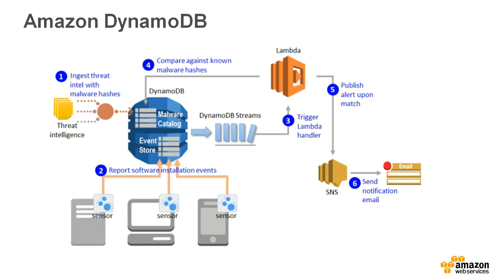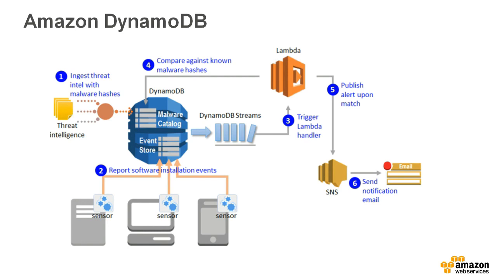The first thing that happens in your system is that threat intel with malware hashes are recognized with threat intelligence scripts, which are verified or recorded on the malware catalog stored in DynamoDB, which is being updated. Then the sensors of various devices report software installation events based on those malware hashes.